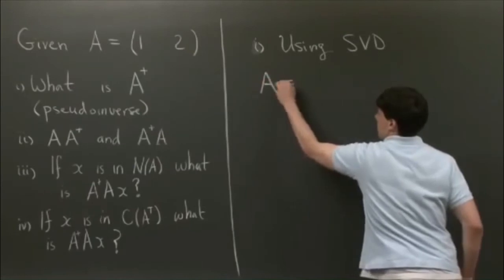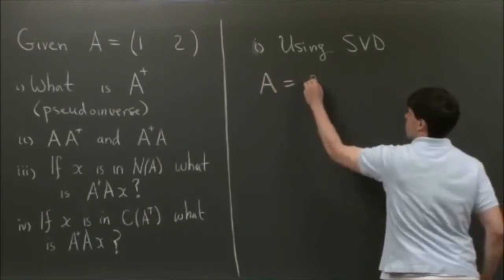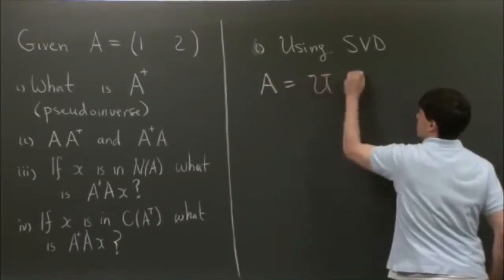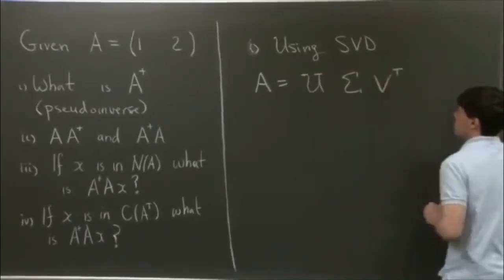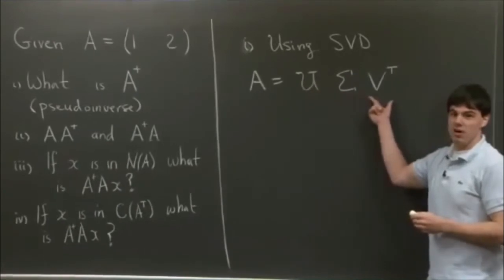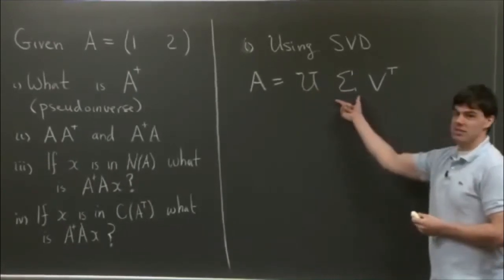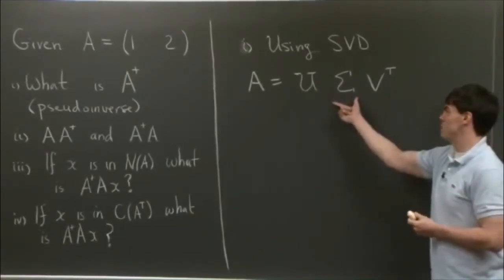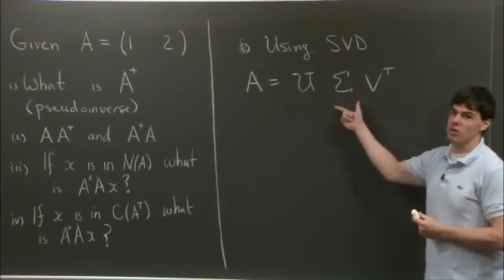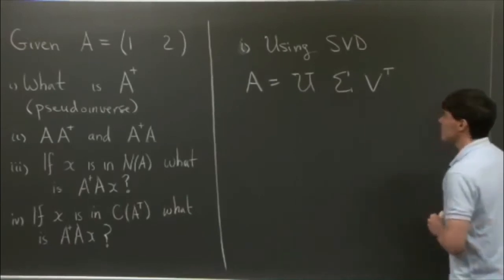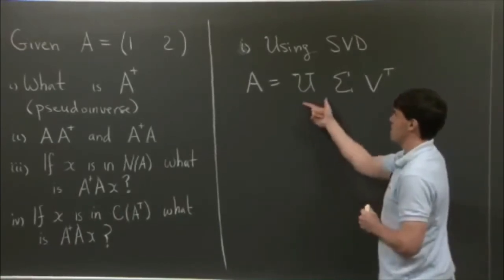Let's just recall that the SVD of a matrix has the form U sigma V transpose, where U and V are orthogonal matrices, and sigma is a matrix with positive values or zeros along the diagonal. Let's take a look at the dimensions of these matrices.